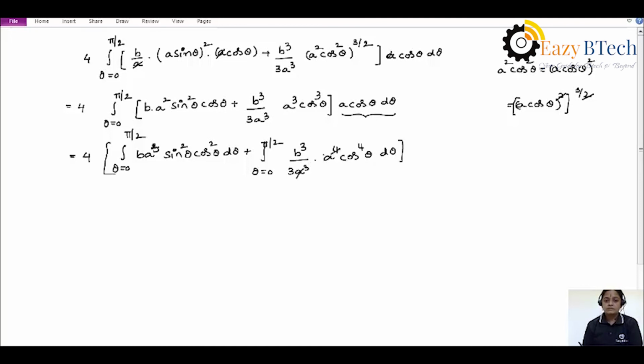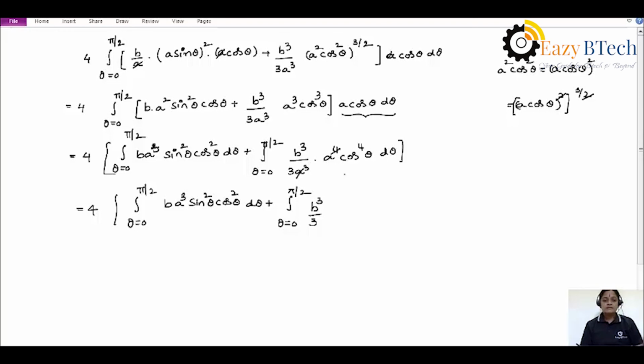So here a cubed will be cancelled, then 4 into integral 0 to pi by 2 b a cubed sin square theta cos square theta d theta, and integral 0 to pi by 2 b cubed by 3, and the next a will be here, a cos power 4 theta and again d theta.